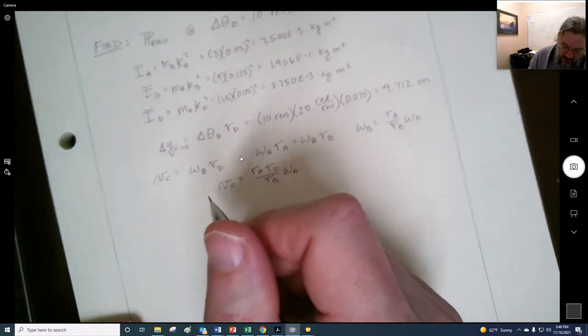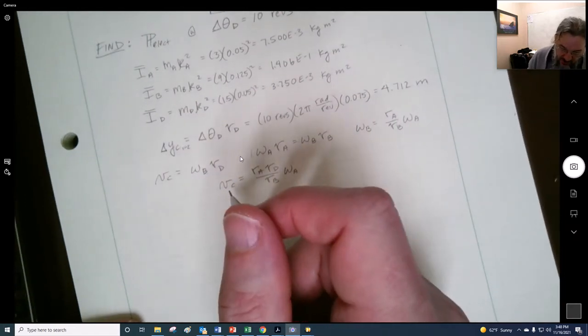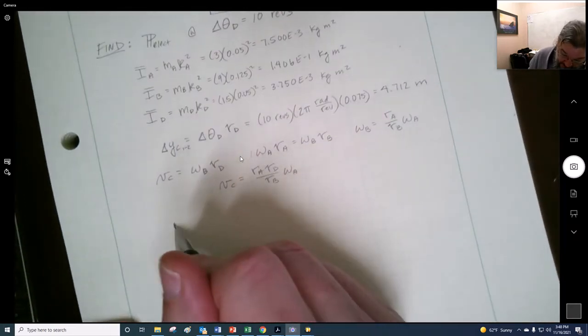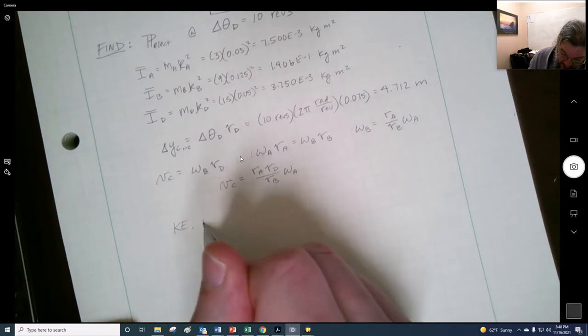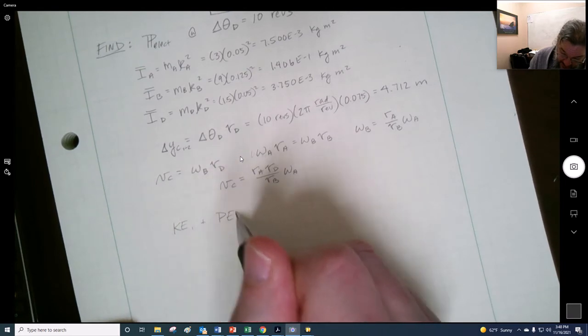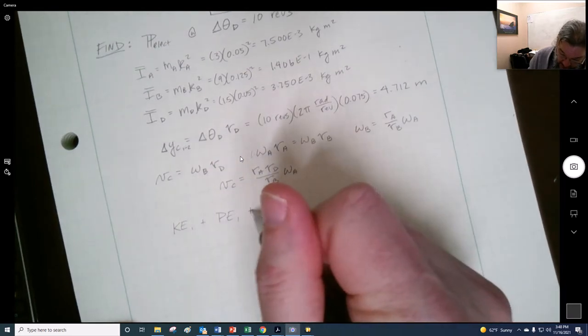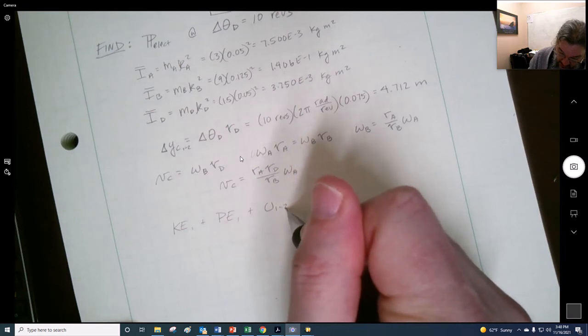All right, so now I think I have it. I'm going to use work energy, and we'll start with KE1 plus PE1 plus work from 1 to 2.